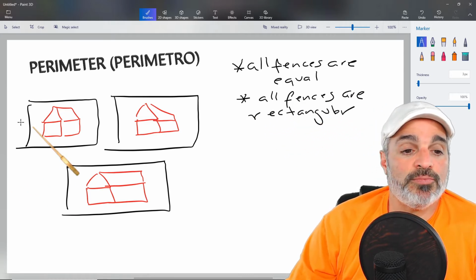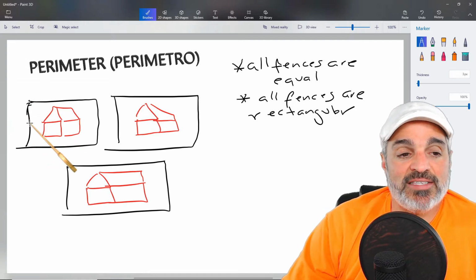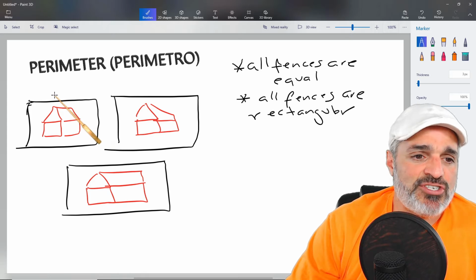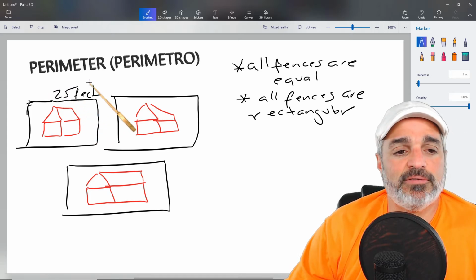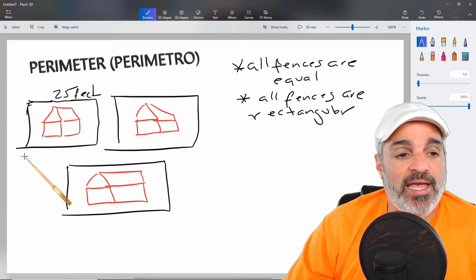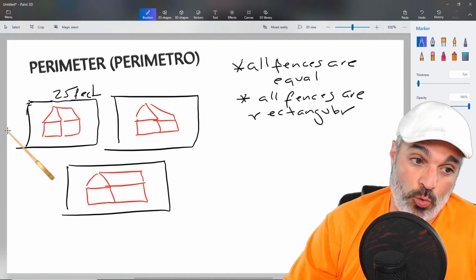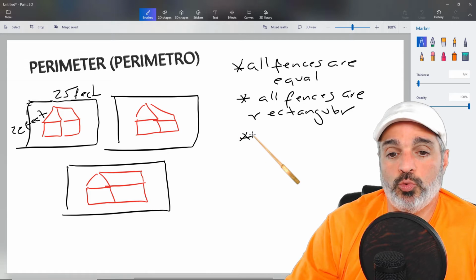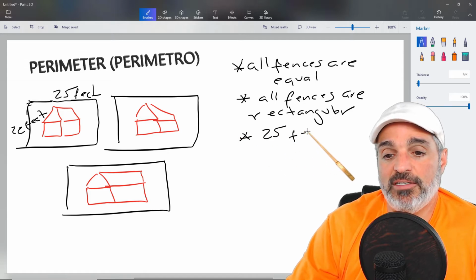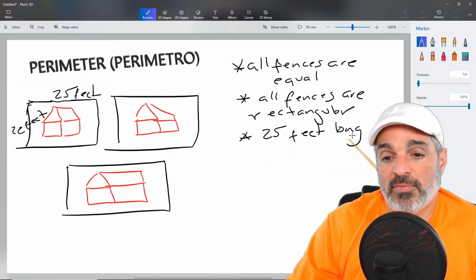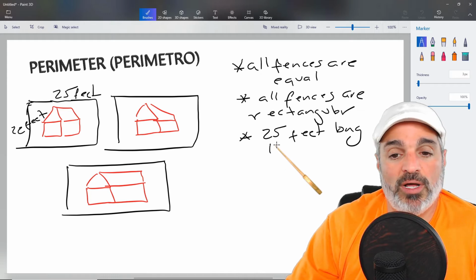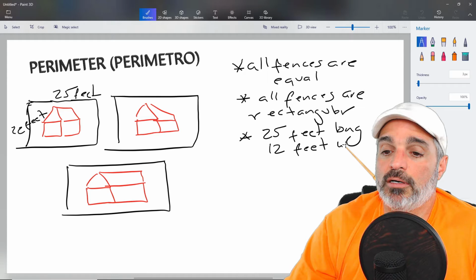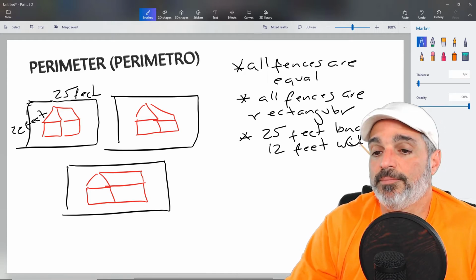Okay, so if one of the sides of the fences is let's say 25 feet long, and the width is 12 feet wide.